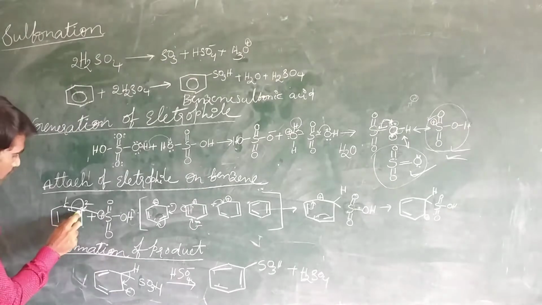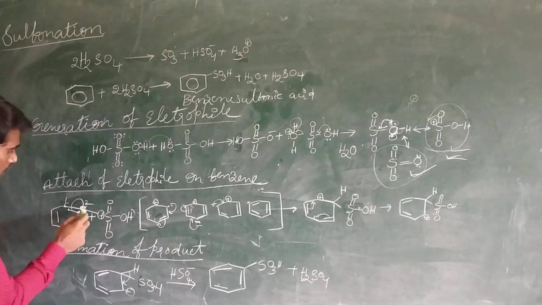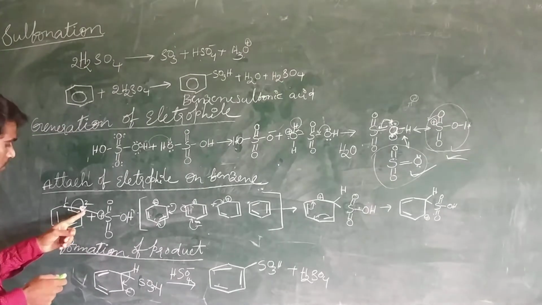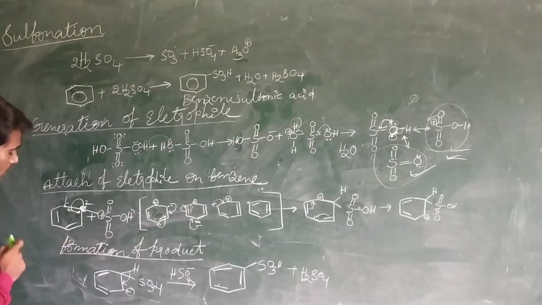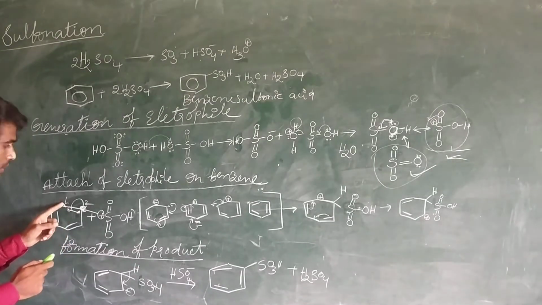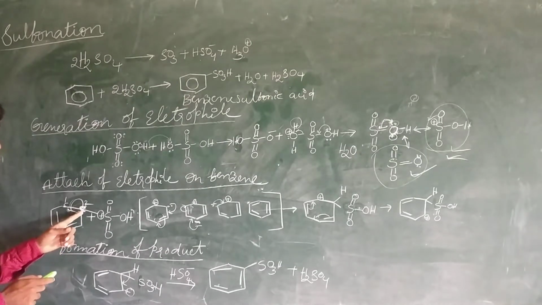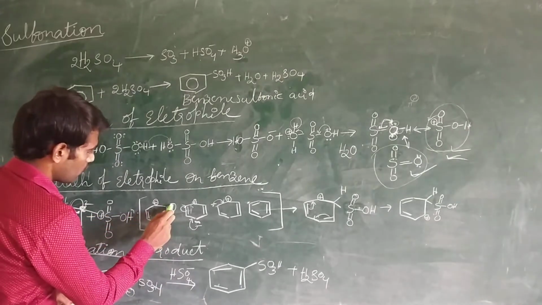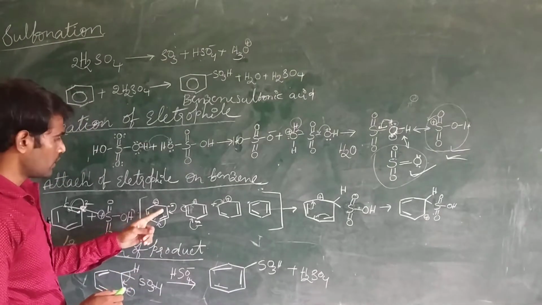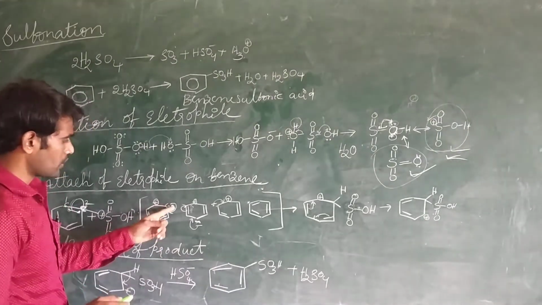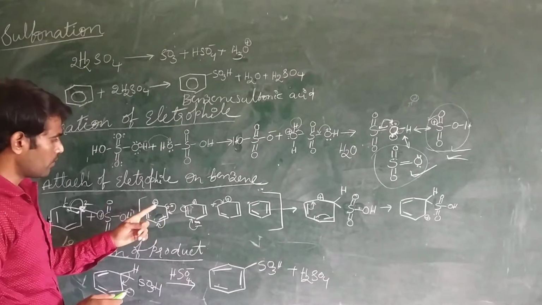See, already an electron is there at the second carbon, but the electron that is in the first carbon's orbital is also shifting towards the second carbon. Now one more electron is taken by the carbon atom; this extra electron came from the first carbon.